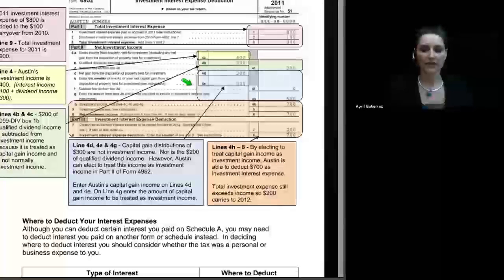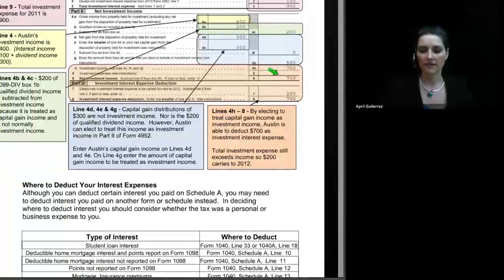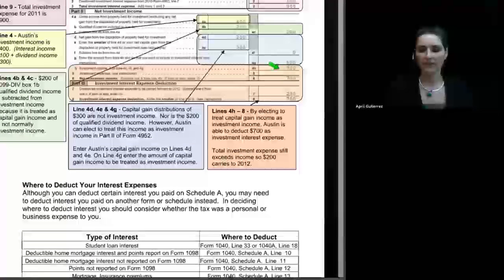So on line 4D, he enters the amount of capital gain income that he had. And to that, he adds the qualified dividend income that he had. And he gets a total of $500. He's going to add those numbers together, the 500 and the 200 of actual investment income, and then he gets $700.